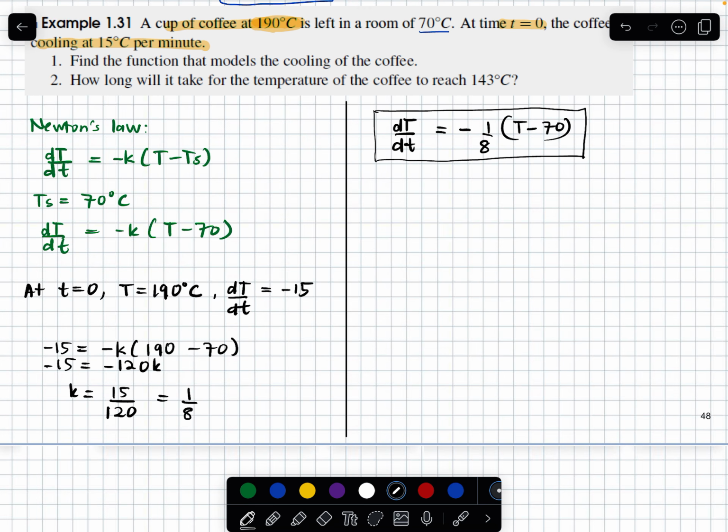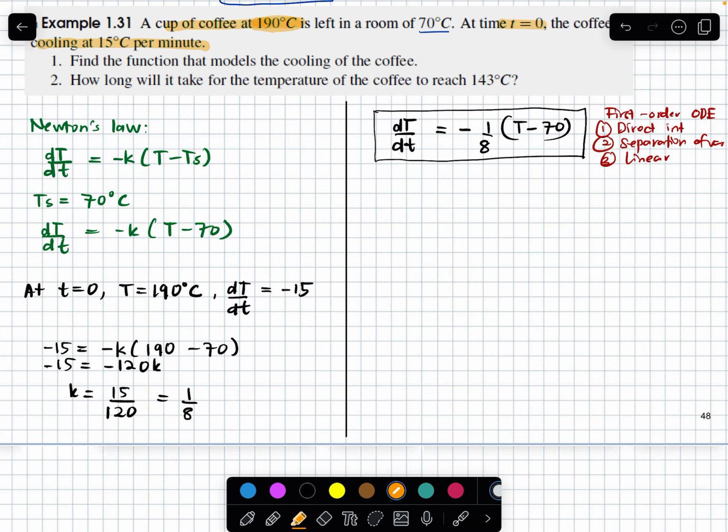This is a first order ODE. To solve this, we have three options. You can use direct integration, or separation of variables, or a linear technique.